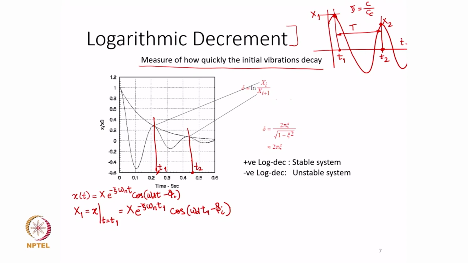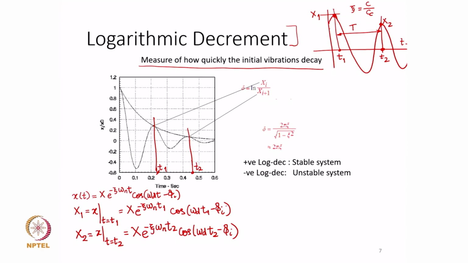Is that okay? Now, the response at time t2 is going to be x2. So, x at t equal to t2 is going to be capital X e to the power minus zeta omega n t2 cos(omega d t2 minus phi).